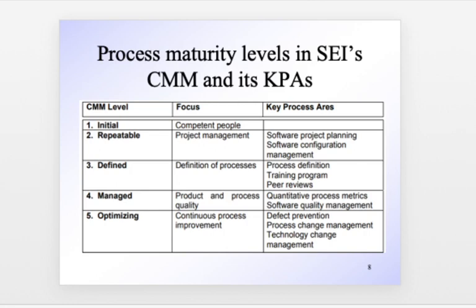Each of these 5 levels defines certain key process areas. The highest level being level 5, which is optimized, the key focus of this level is continuous process improvement. And the key process areas are basically defect prevention, then process change management, and technology change management.